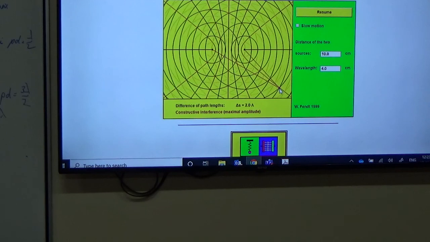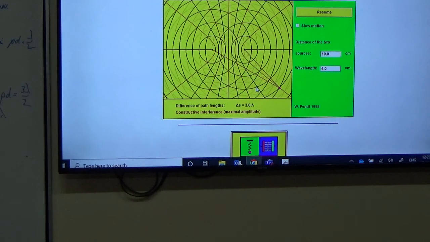Next maximum way out here, I'm 1, 2, 3, 4, 5, 6 wavelengths from here, and 1, 2, 3, 4. So there's 2 wavelengths path difference. And again, if it's an integral number of wavelengths, then we'll get constructive interference at a maximum.